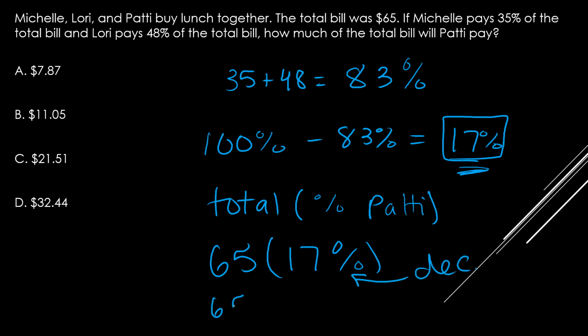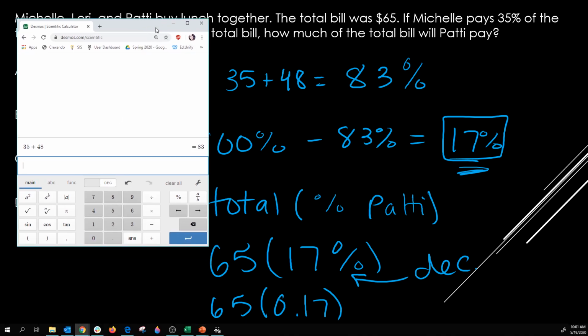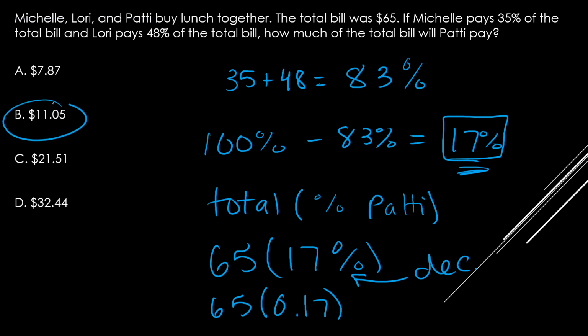Okay, so I'm going to have 65 times 0.17. And if you want to double check your percent to a decimal, again, all you need to do is type 17 and divide it by 100. So take 65 times 0.17, and we find out that Patty will have to pay $11.05.